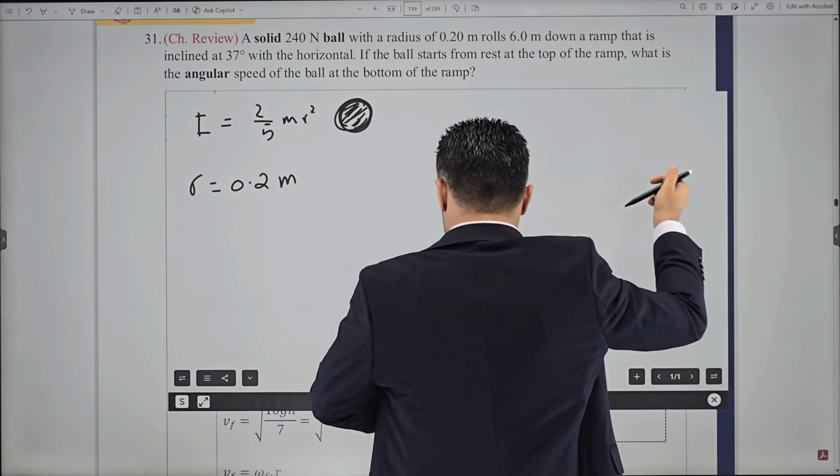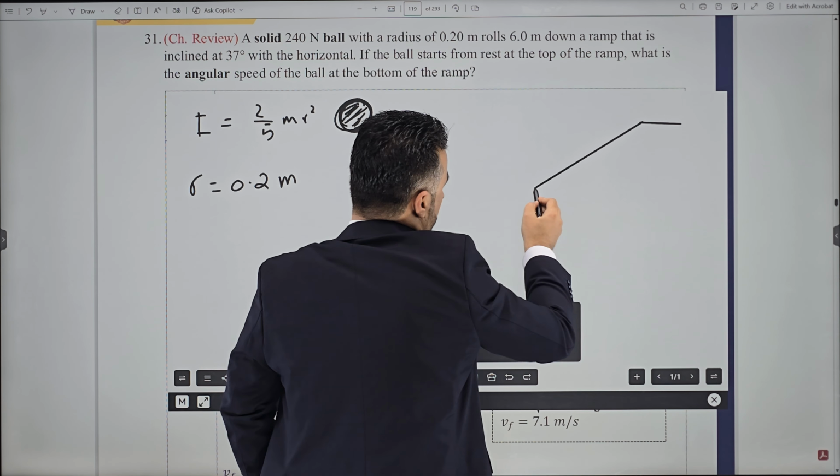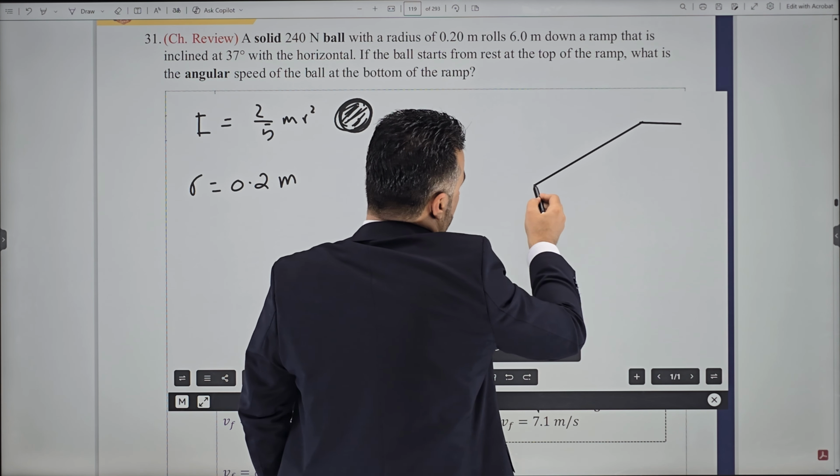Let's just draw some shapes maybe. So here's one thing. The length of this ramp is 6 meter long here. So we can say delta x is 6 meter long. Let's add one more point here. So what else? It says it is inclined 37 degrees. So this is 37.